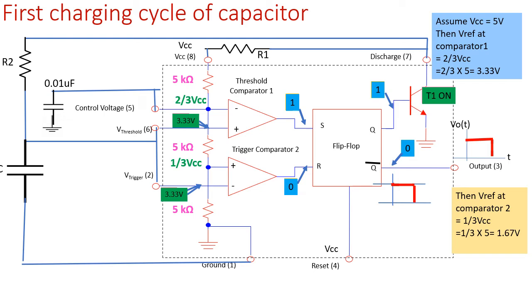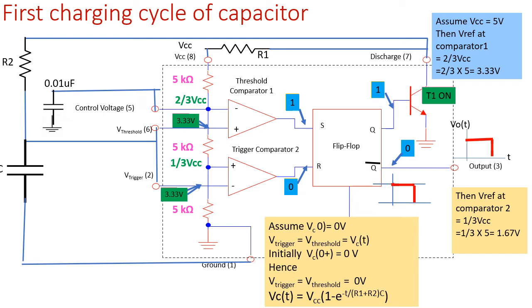Initially, once we connect this circuit, at time t equal to 0, the voltage across the capacitor will be 0 volt. As you can see in this circuit, pin number 2 and 6 are shorted. That means my threshold voltage and trigger voltage will always be the same.